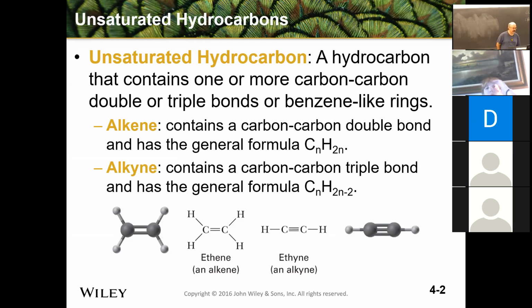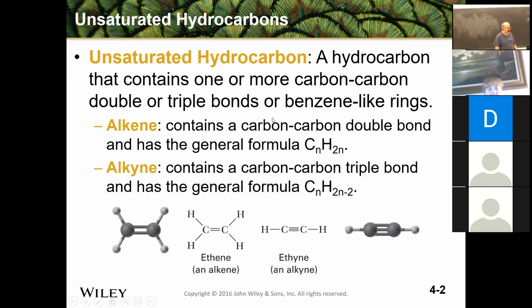We can't hold any more hydrogens. Alkenes, alkynes, and also aromatic compounds are referred to as unsaturated, and these are compounds that contain one or more carbon-carbon double bonds or triple bonds, or in the case of aromatic compounds, benzene-like rings.